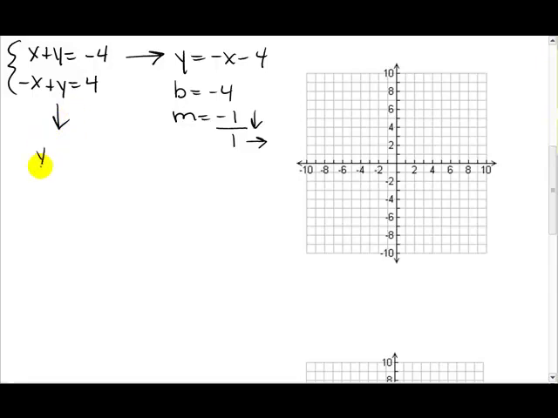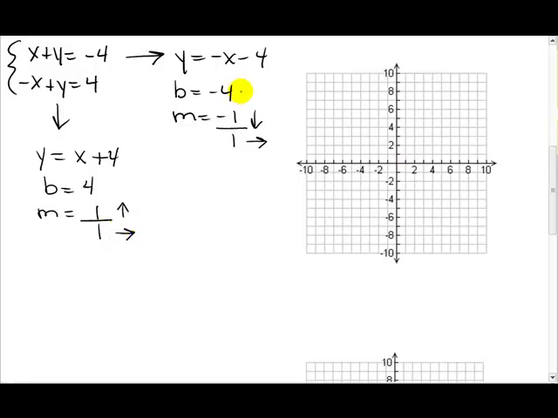This one will become y equals positive x plus 4. So this becomes plus when it changes sides, and that already is plus, and I just scooted it over. So b equals 4 and m equals a positive 1, so over 1, so up and to the right.